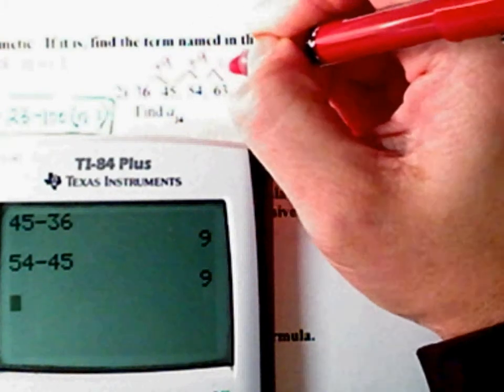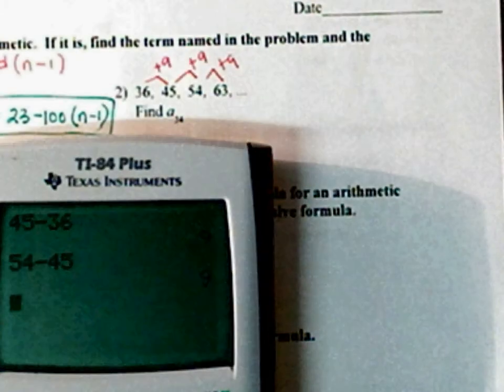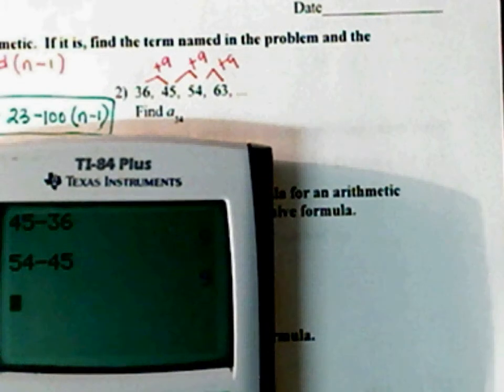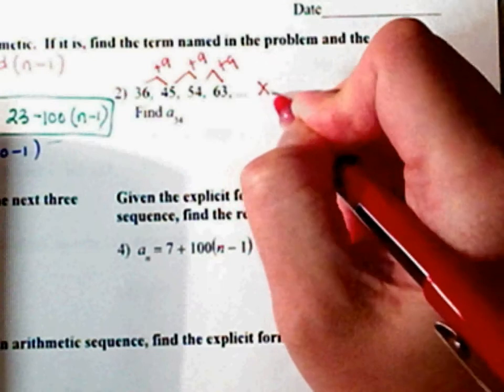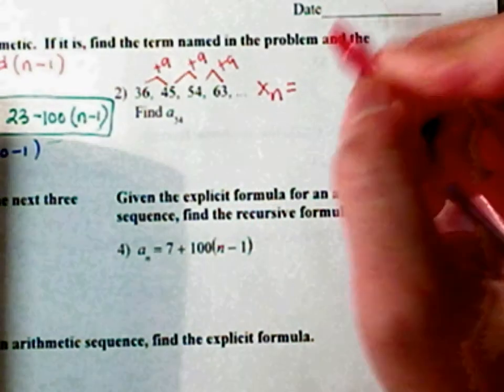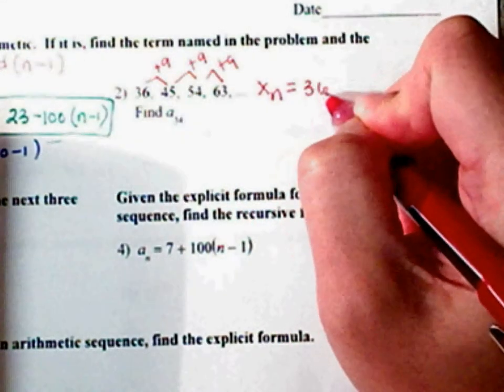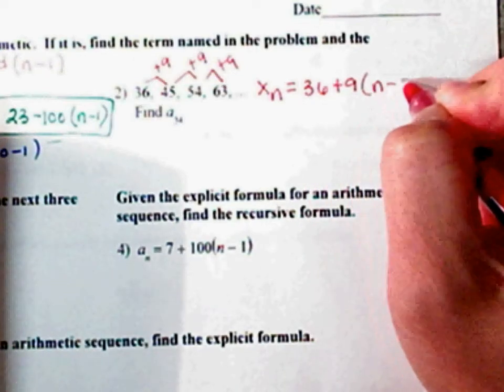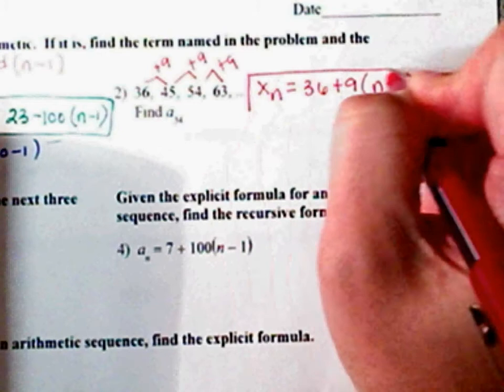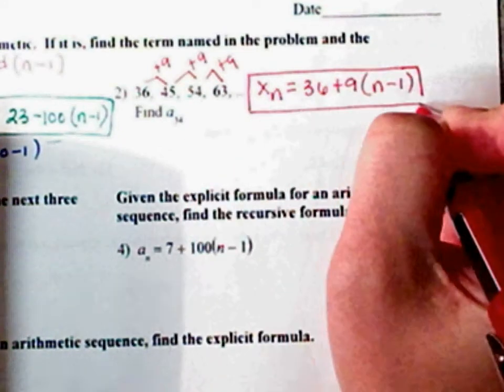Notice how they're all the same. The difference is a positive 9. Knowing that, you can now write your formula. x of n equals, first term is 36, plus d, n minus 1. There is your explicit formula.